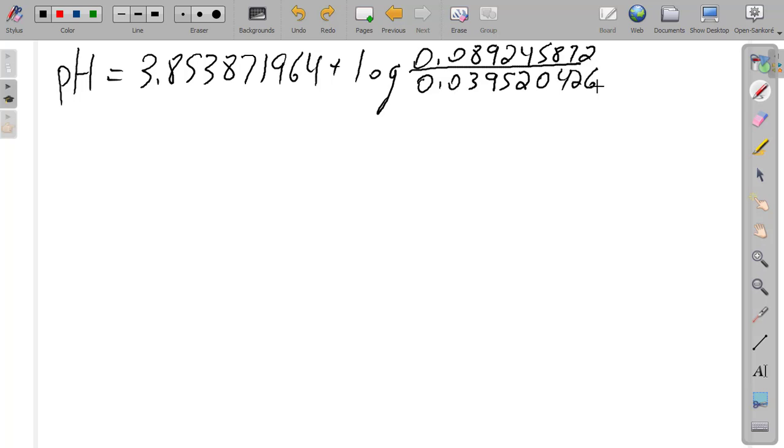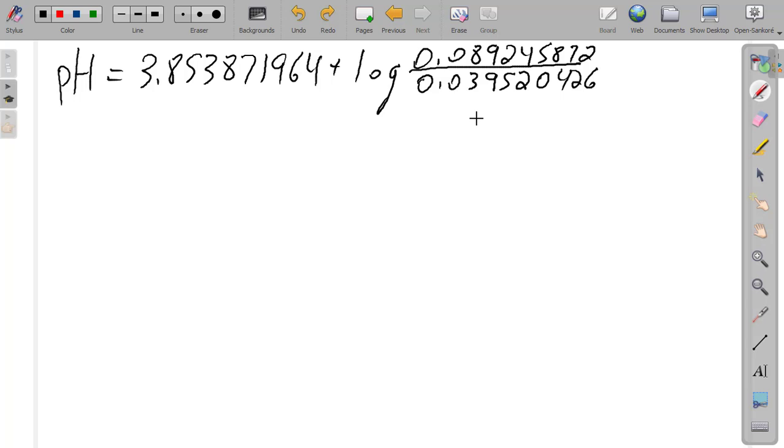And now notice, the amount of conjugate base is greater than the amount of weak acid. This means in the end, the pH should be greater than pKa. This ratio is going to be greater than 1, and the logarithm of numbers 1 or greater is going to be positive. It's only the log of numbers less than 1 that gives you a negative number and would make the pH go down. But since there's more conjugate base than weak acid, we should expect that the pH is going to be greater than the pKa.